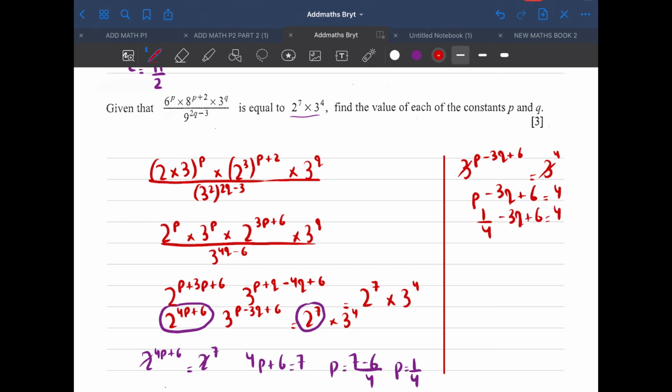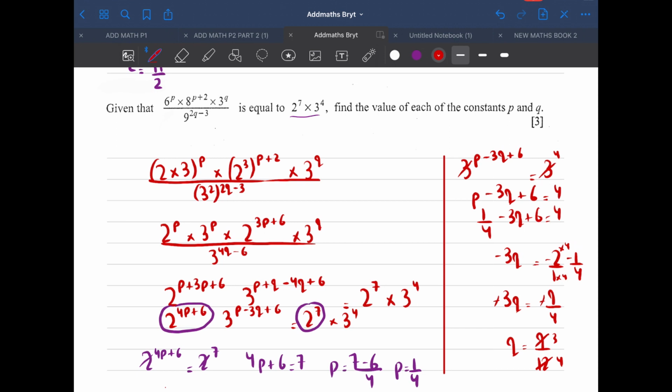So it's going to become 4 minus 6 minus 1 upon 4 is equal to minus 3q. Let's find LCM. So it's going to become minus 3q is equal to minus 9 upon 4. I can cancel minus minus easily. So q is equal to 9 upon 12. That makes 3 upon 4.